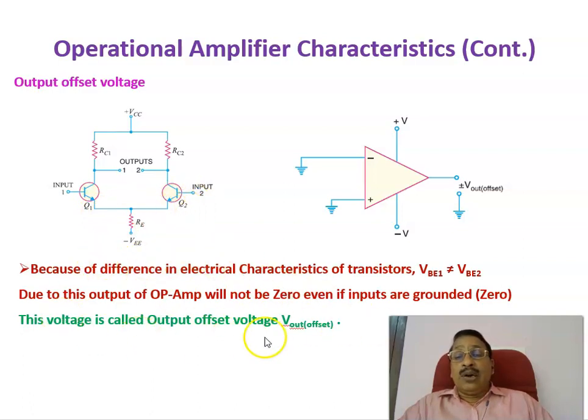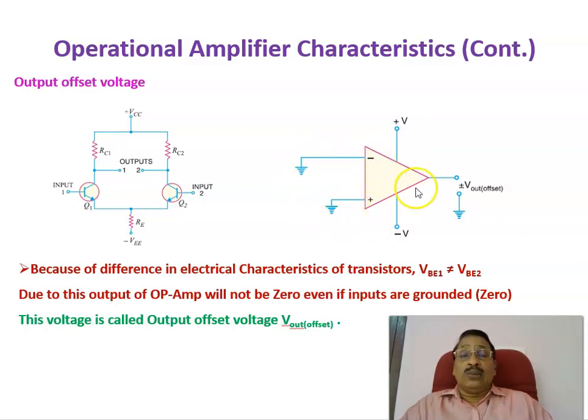Because of the difference in VBE1 and VBE2, the output voltage of the op-amp will not be 0 even if the inputs are grounded, even though you are grounding input 1 and input 2, the non-inverting terminal and the inverting terminal.